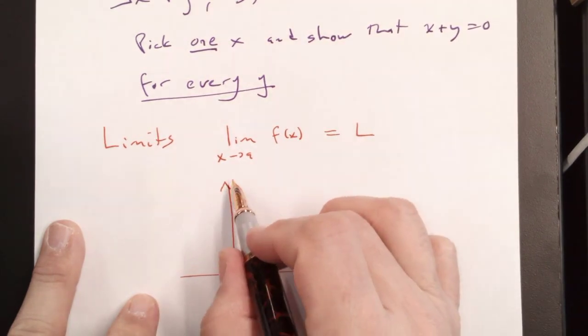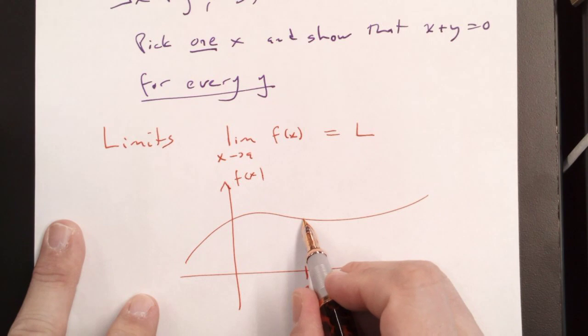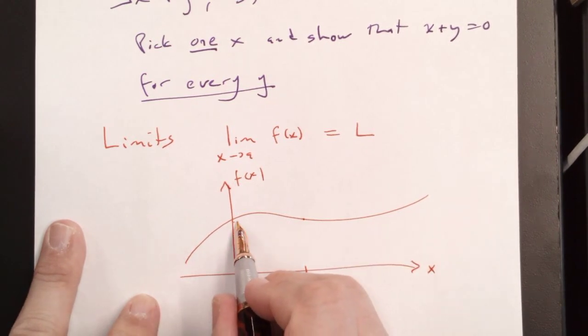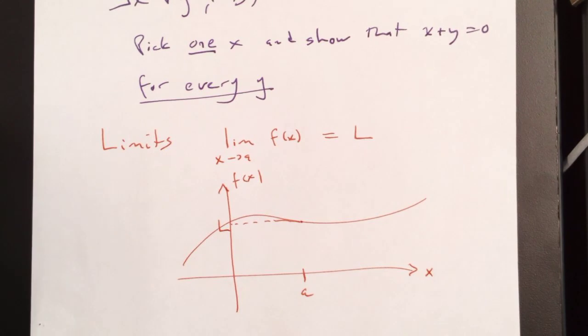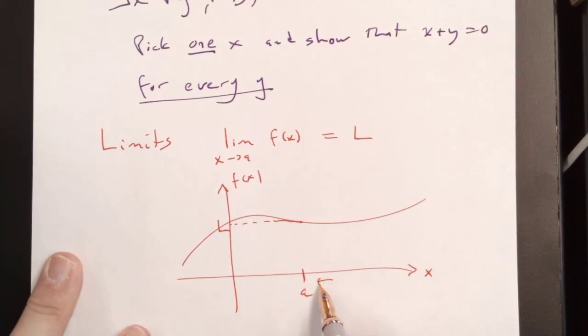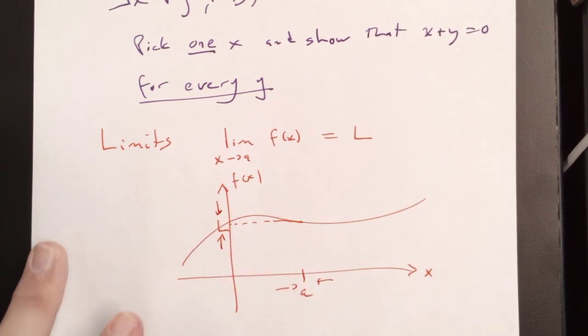I have some graph. I have a y value L. And what I'm telling you is that as you get closer and closer to this number, your y values get closer and closer to that number.